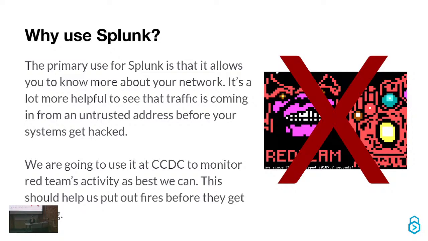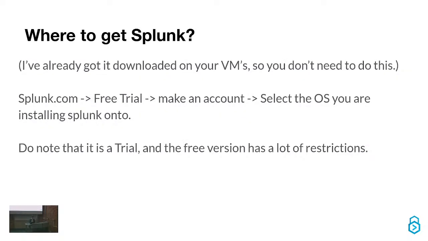One, you should be wary of people being on your box, and two, get a firewall rule in place so that's not happening. For CCDC, we're going to get Splunk up, hopefully, to watch network connections so we know what red team's doing rather than having to see the outcomes after they're in.